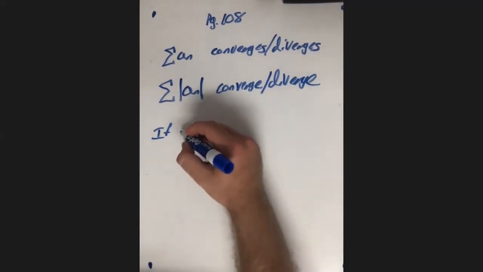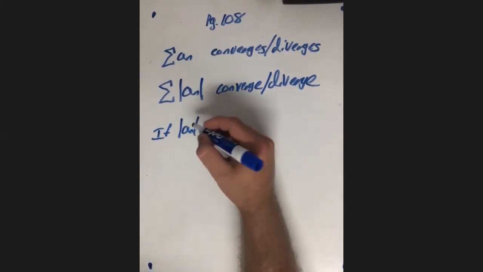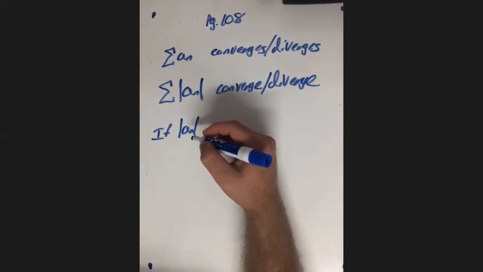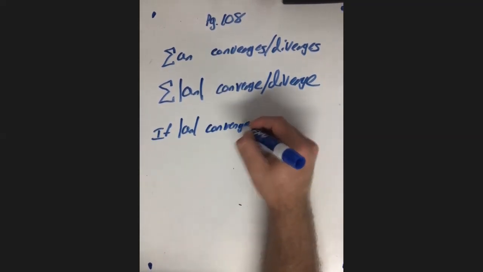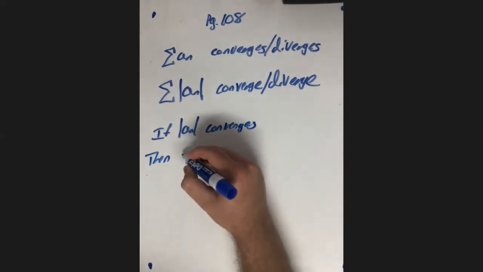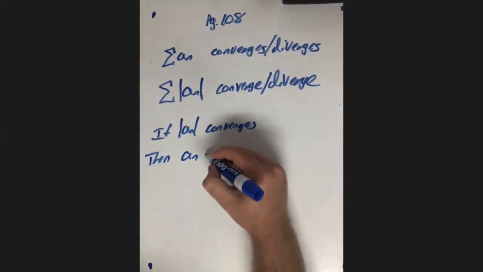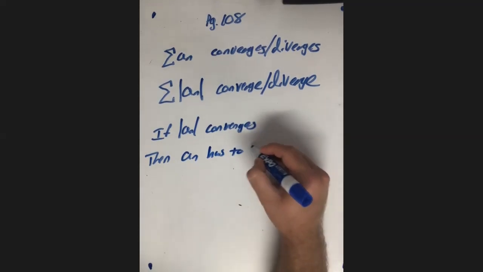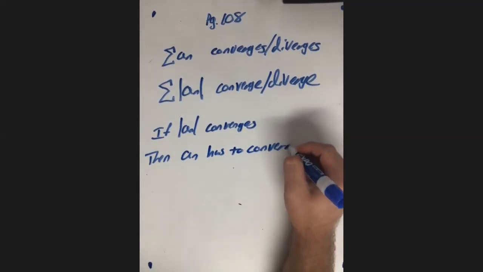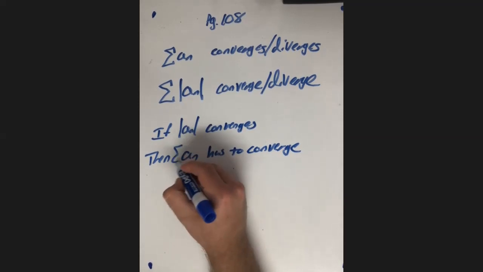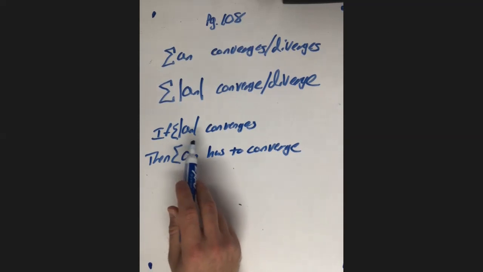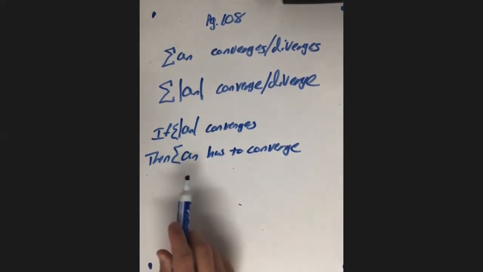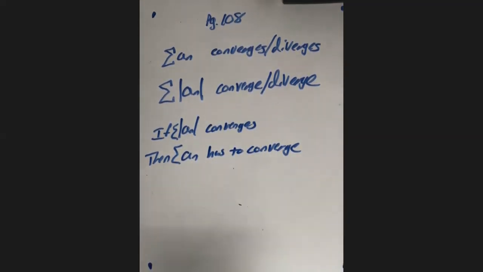Some easy facts. If the absolute value converges, then the normal series has to converge. Okay, I should probably write those in there. So if the absolute value series converges, then the normal series has to converge. That's a fact. Other way around, not so much.